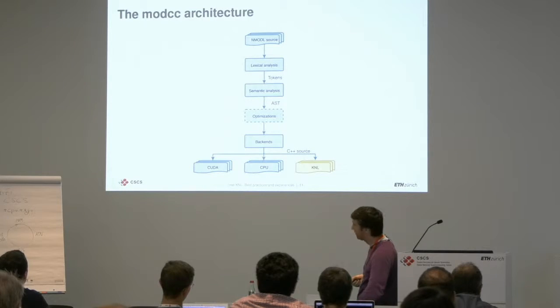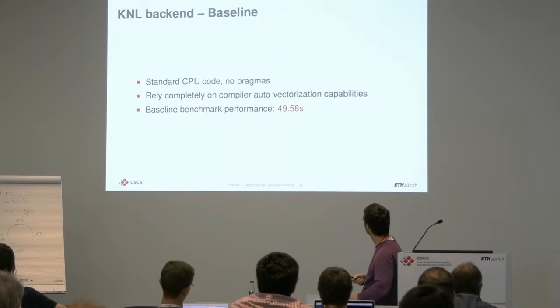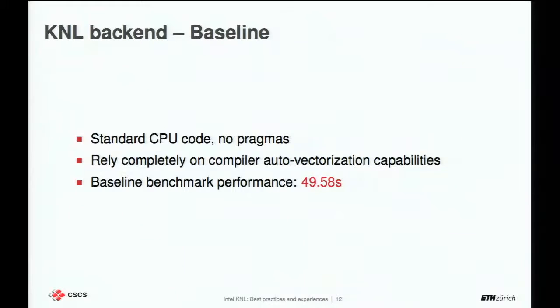I'm going to talk, as I said, about the KNL part of this. So first of all, we started with the CPU code. The modcc compiler generated standard CPU code, and we then used the ICC compiler to compile it without any pragmas at all, just whatever it can figure out from auto-vectorization. And so our baseline benchmark performance was about 50 seconds.